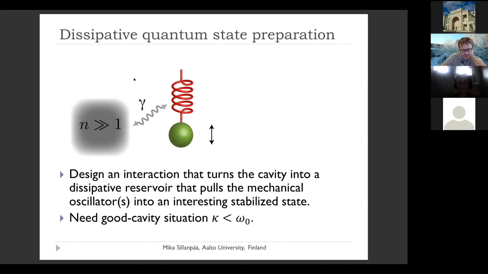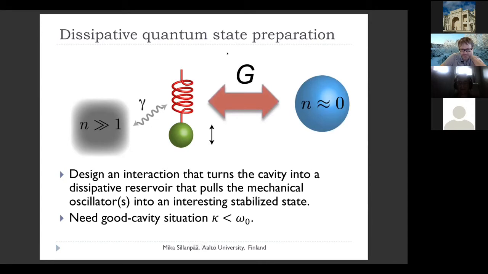So this mechanical oscillator is coupled to a very hot reservoir, but then you couple it strongly to something cold, or even better than cold, it can be some very nicely structured reservoir which pulls this system into something exciting.